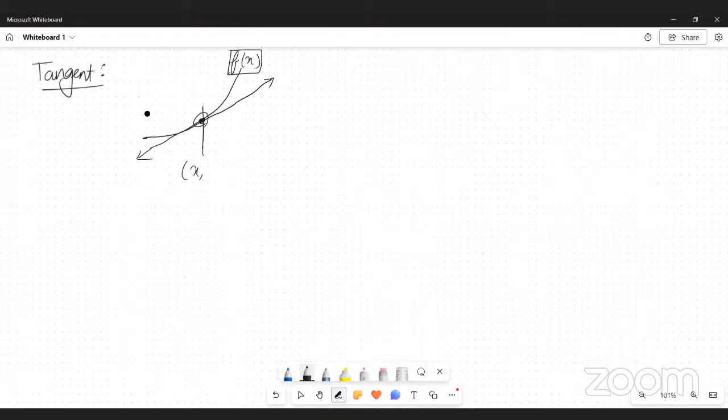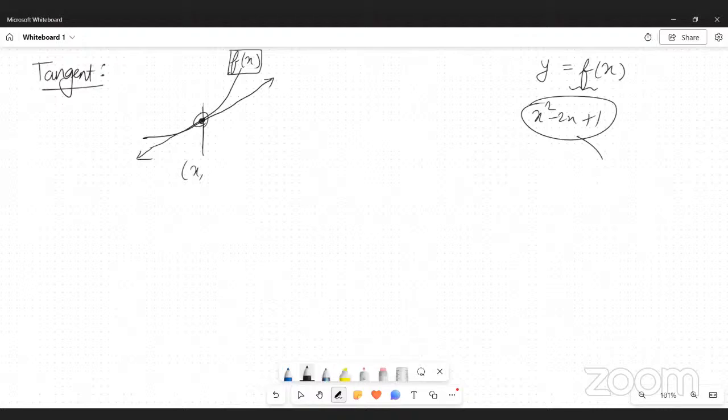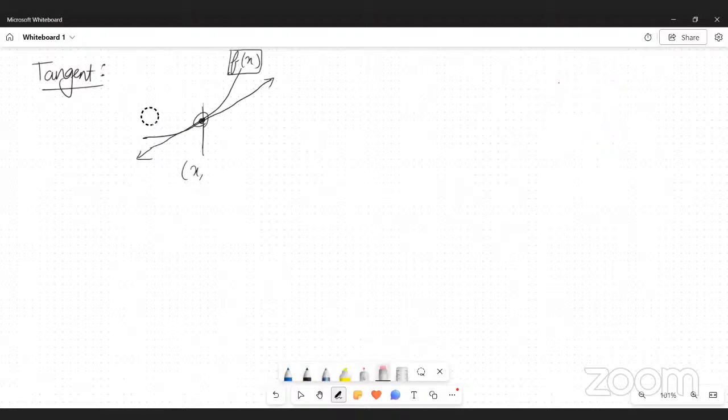I have a function y that can be written as f of x. f of x can be anything, like a polynomial, something like x square minus 2x plus 1. So you input the value and you get the corresponding value of y. Did you get it? Function means something like we had studied earlier, right?